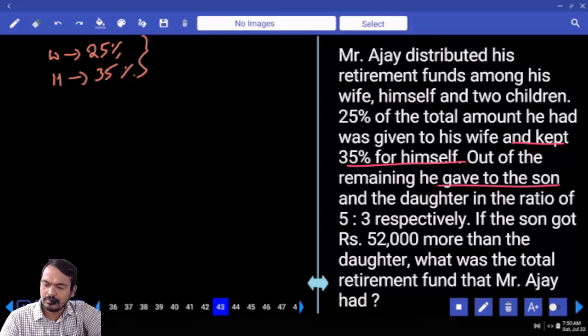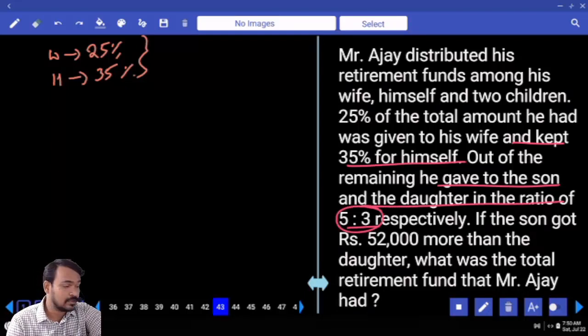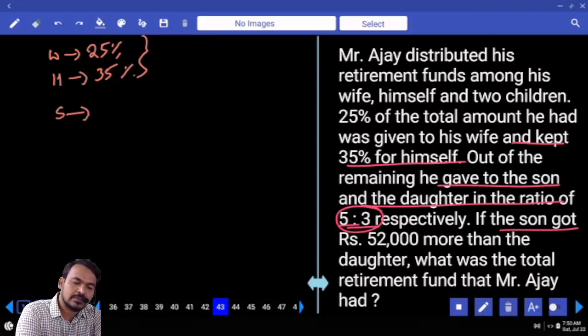He gave it to the son and daughter in the ratio of 5:3. Total how many parts? 8 parts. 8 parts are equal to 40. Every one part is 5%. And here son means how many parts? 5 parts. 5 parts means son received 25%, daughter received 15%.